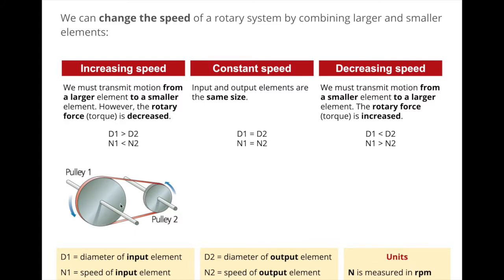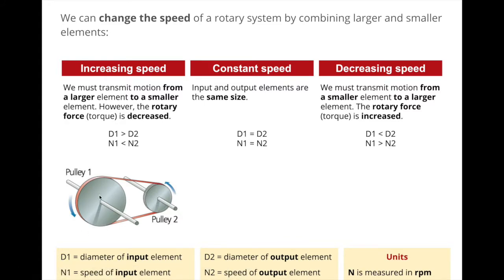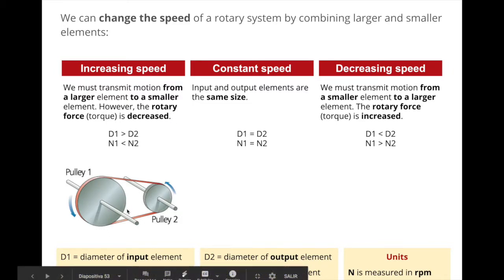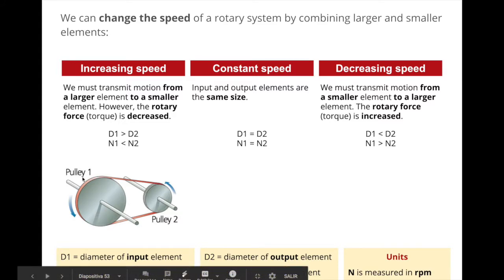We suppose that this one is attached to the engine, to the machine that makes the movement, okay? So if this is the first pulley and this is bigger than this one, this is going to rotate at a lower speed than this one, okay? Well, actually it rotates in the other direction.